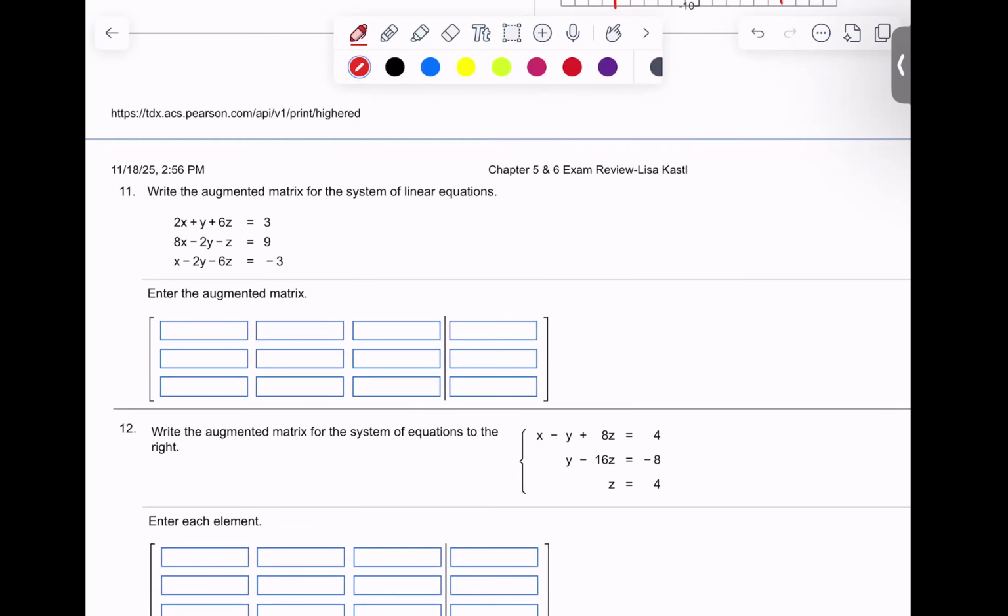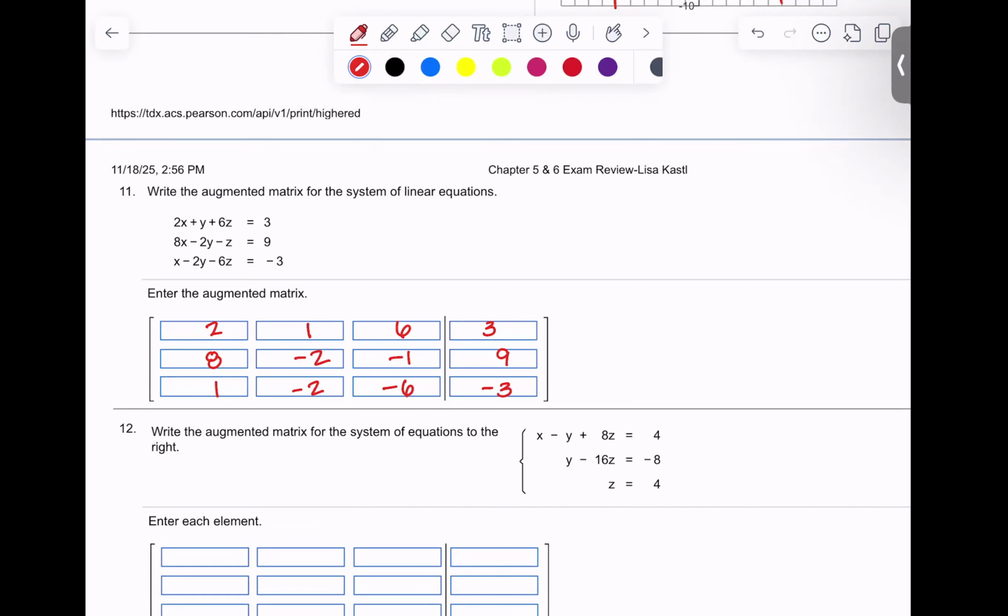So for that first row, I would have 2, 1, 6, and 3. For the second row, I'd have 8, -2, -1, and 9. In the third row, I'm going to have a 1, a -2, a -6, and a -3.